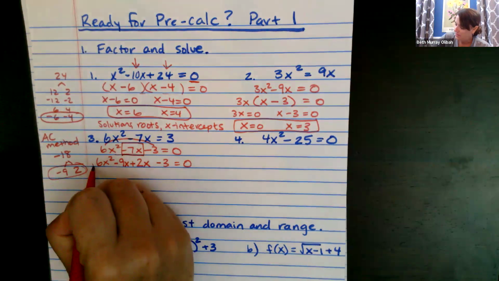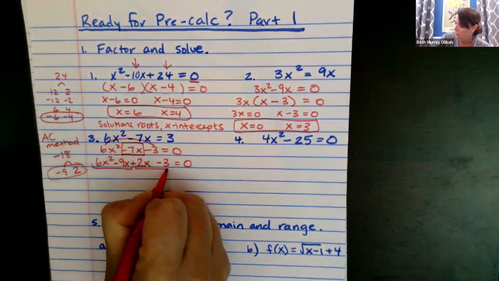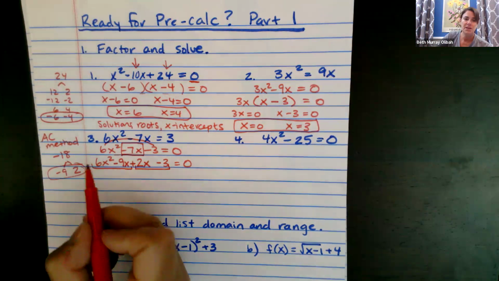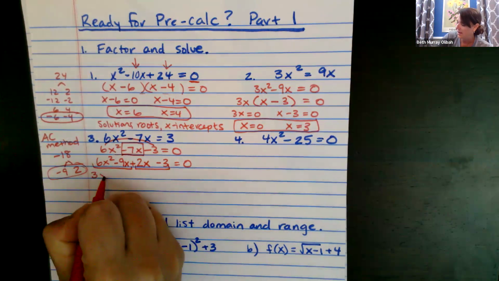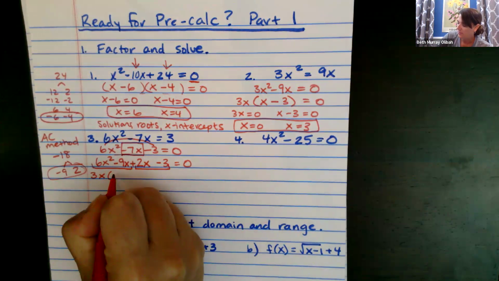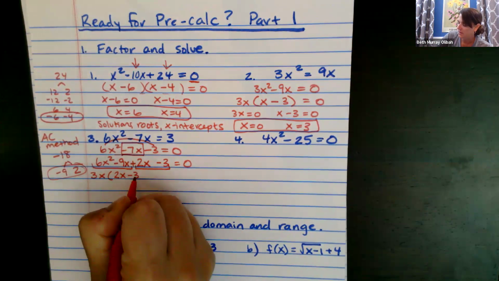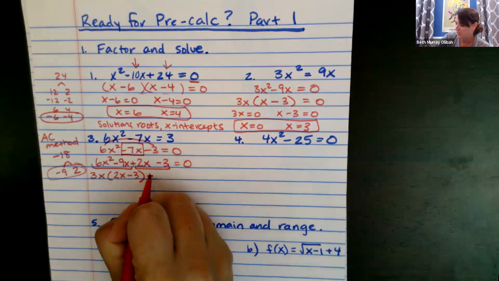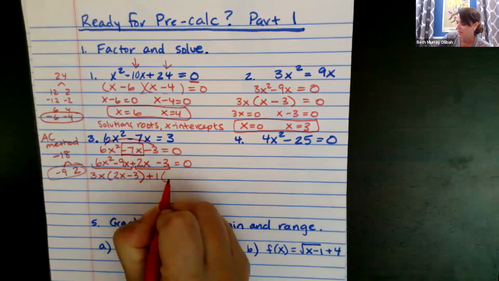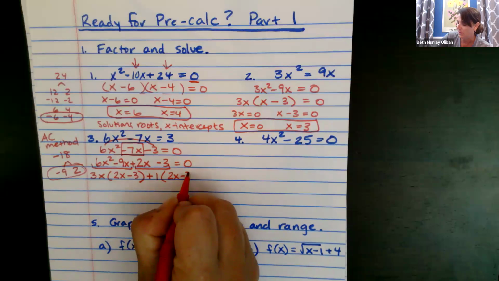Now you're ready to do grouping. So grouping means I take out the GCF from these two, which would be 3x. That would leave me with 2x minus 3. And the GCF here, there is nothing, so you just put plus 1. Unless you wanted to change the signs, then you would put minus 1.